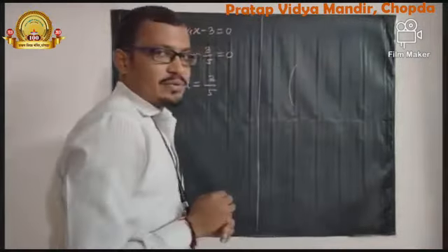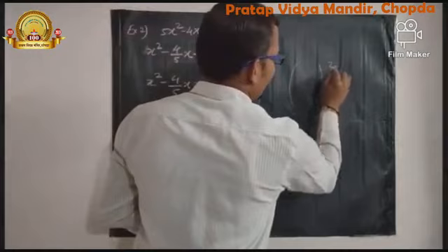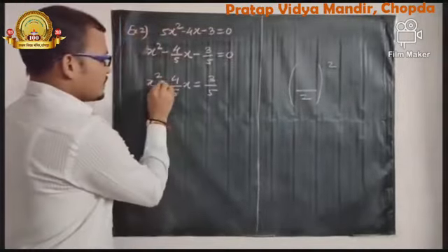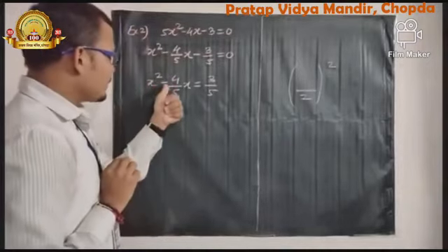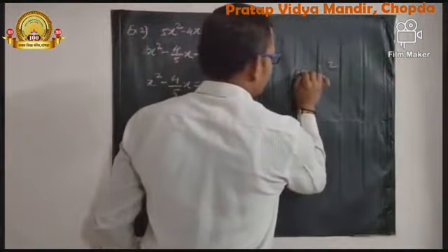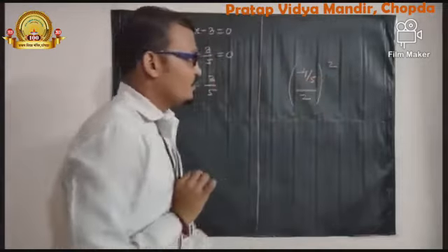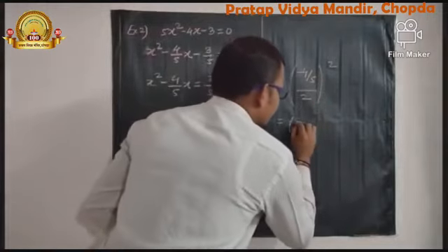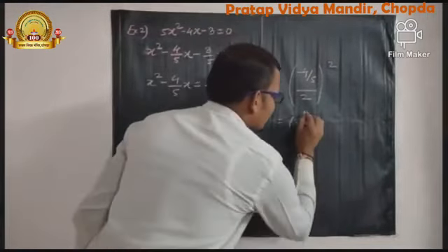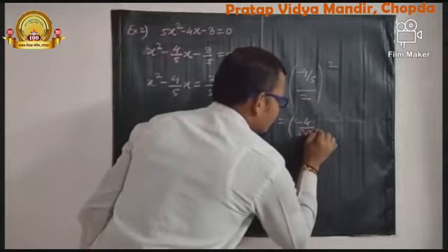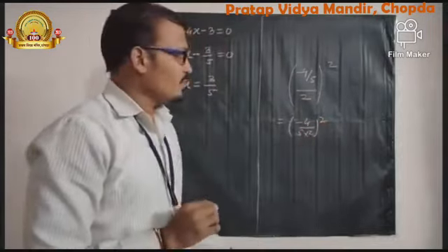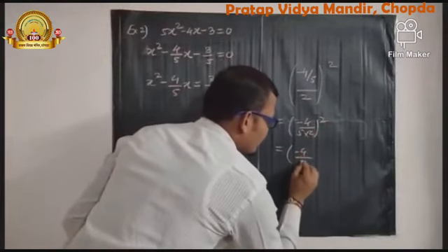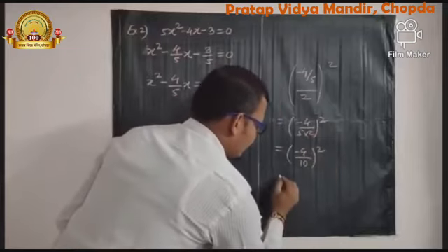So what do we have to add here? Square of half of the coefficient of the middle term. What is the coefficient of the middle term here? Minus 4 upon 5. So we take minus 4 upon 5 into 1 upon 2, squared, that is minus 4 upon 5 into 2, which is 10, squared.